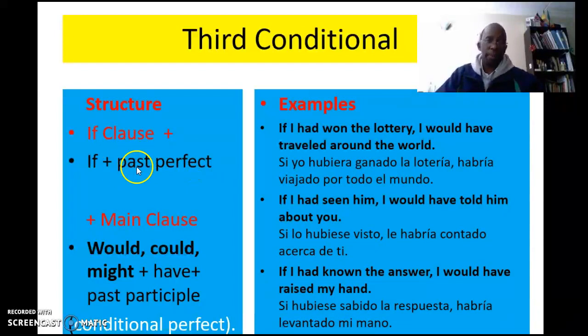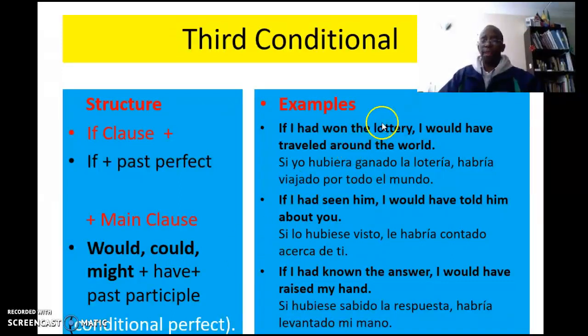It becomes past perfect, and in the main clause, in the second conditional we add only would, could or might, but in the third conditional we are adding something else, have plus past participle, or what I jokingly tell students, to add the PP. Therefore, this is what we call the conditional perfect part. That's why you say plus would plus have plus past participle, or plus PP.